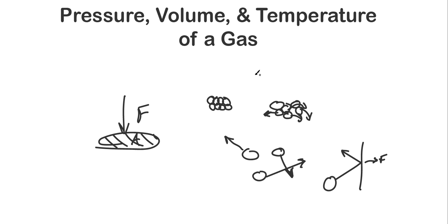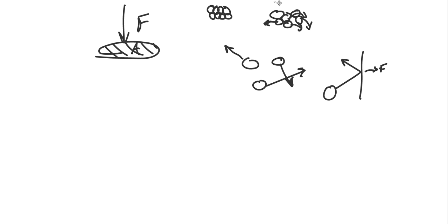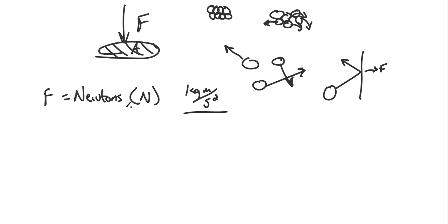Now we define force in newtons, often written as capital N. A newton is really a kilogram meter per second squared, but that's more of a physics term, don't worry about that.